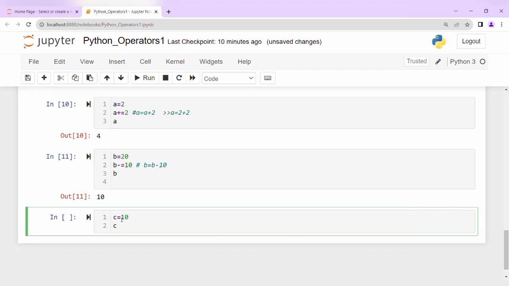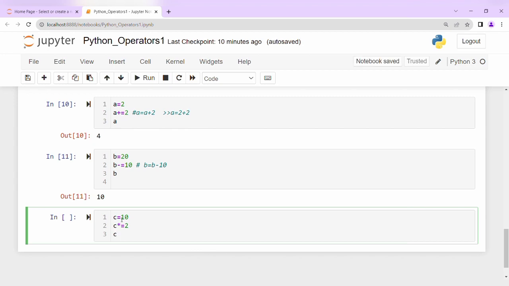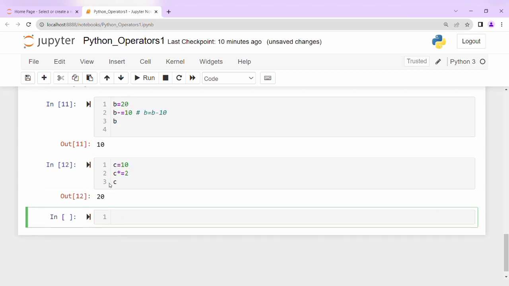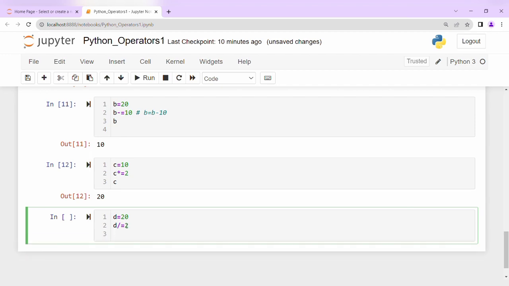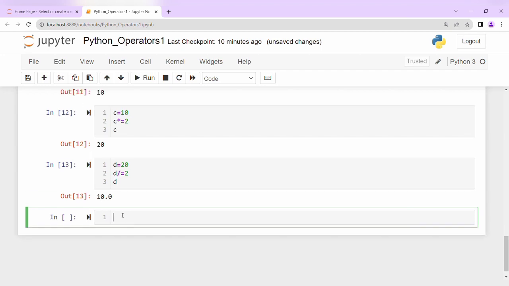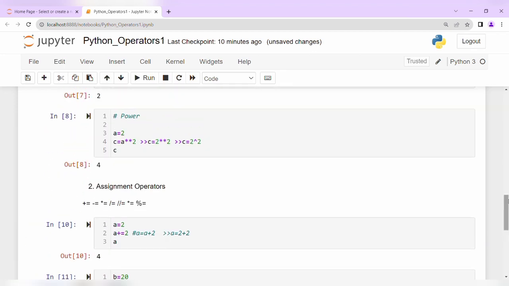So write C star equal to 2. See the value in C. So C is equal to 20. Then D is equal to 20, then D divided by 2. So 20 divided by 2, print the value of D. D is equal to 10. So in this way we can learn other operators.